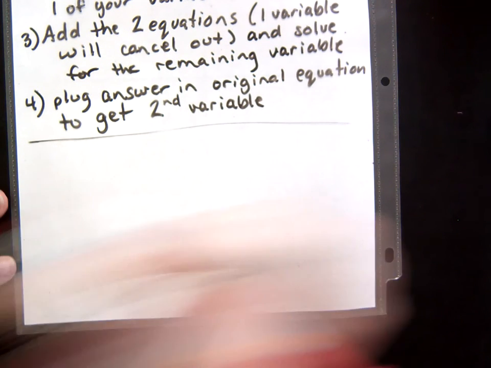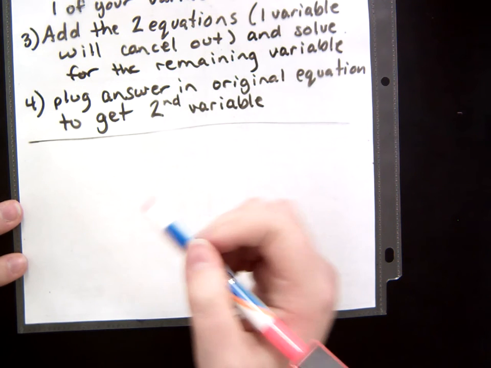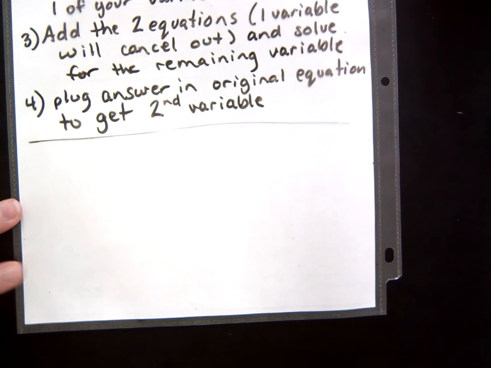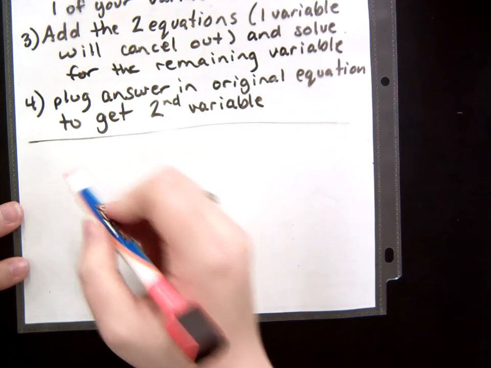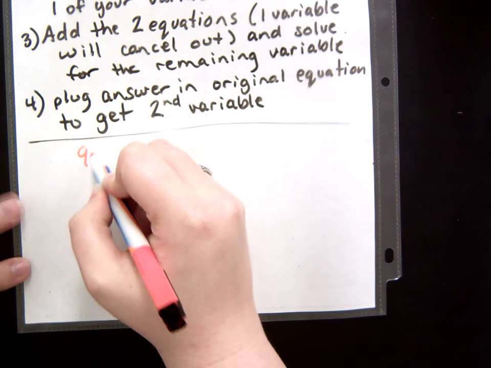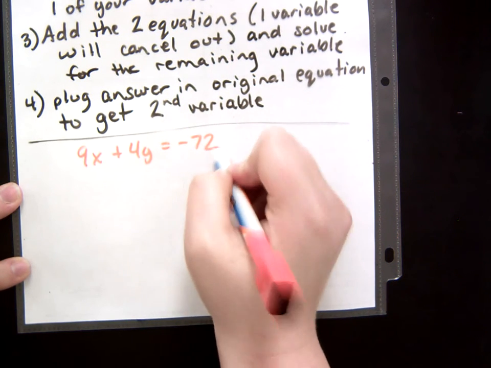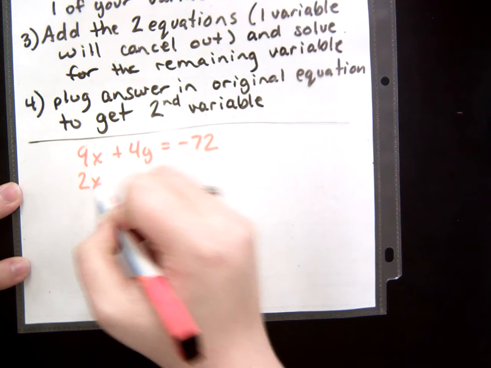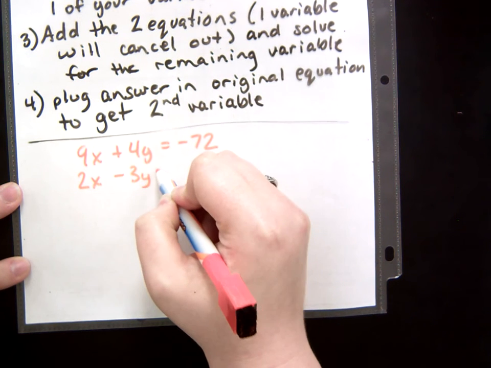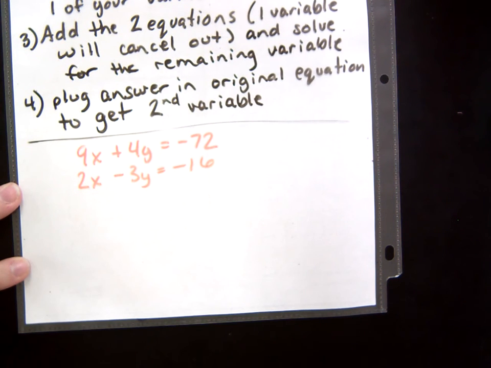So another example. Okay, let's try this one. 9x plus 4y equals negative 72, and 2x minus 3y equals negative 16. Well, in this one, there's no easy way to do it unless you want to go into decimals.